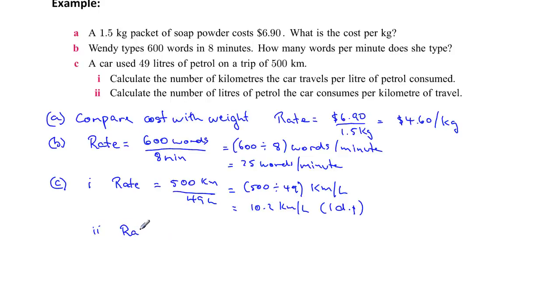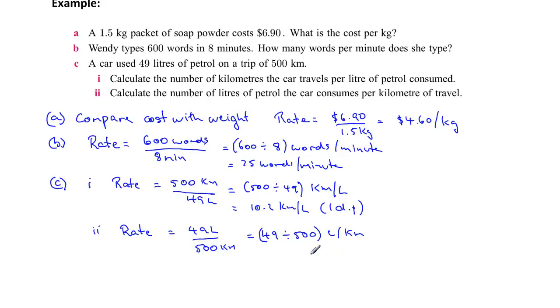So the rate in this case, because the order is the number of litres of petrol, is 49 litres, and we're saying that it's done for 500 kilometres. So our answer for this rate would be 49 divided by 500, and that will be in litres per kilometre.